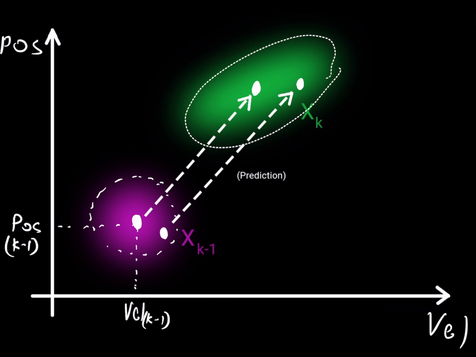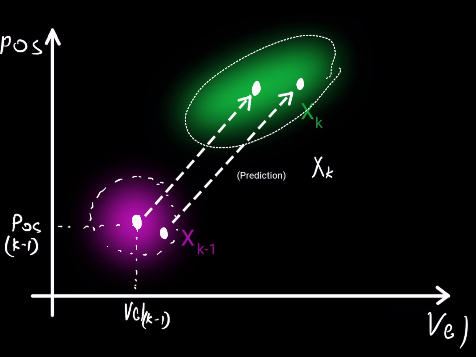This transition is the prediction phase of the Kalman filter, and it is based on what is called the motion model of the system. If your model is nonlinear, if you cannot write it in the form of a matrix, you cannot use the Kalman filter. But if the motion model is linear, then I can say the following. Watch.